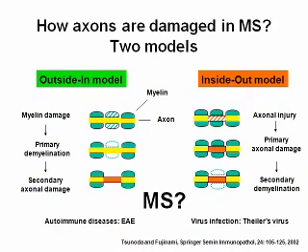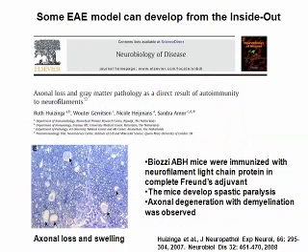However, more recently, there are experimental reports showing that some forms of EAE can develop from inside out. In this new model for EAE, mice were immunized with neurofilament light chain protein in complete Freund's adjuvant.